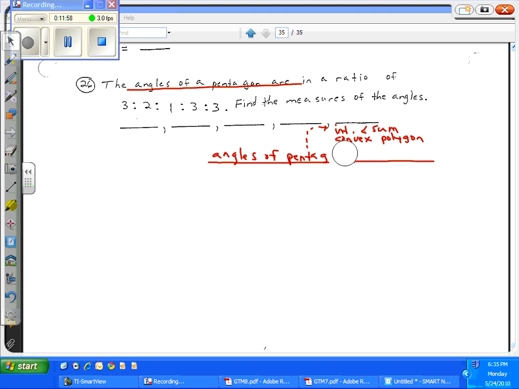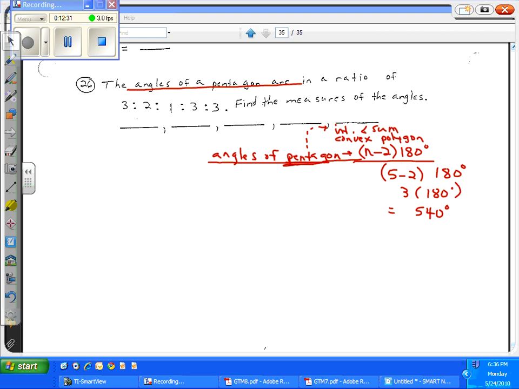So we could take the number of sides of a pentagon, and we need to know that penta is 5. So we would take 5 minus 2 times 180 degrees, which would be 3 times 180 degrees, which is 540 degrees. So the angles of the pentagon add up to 540.